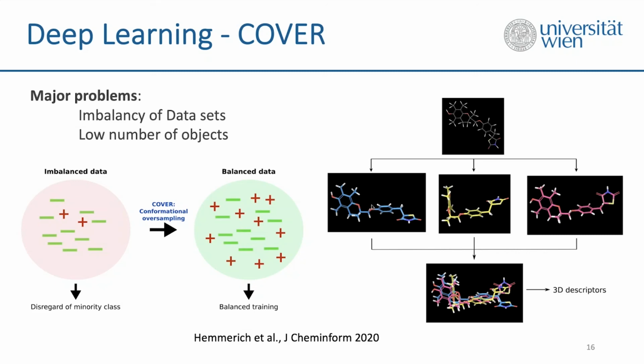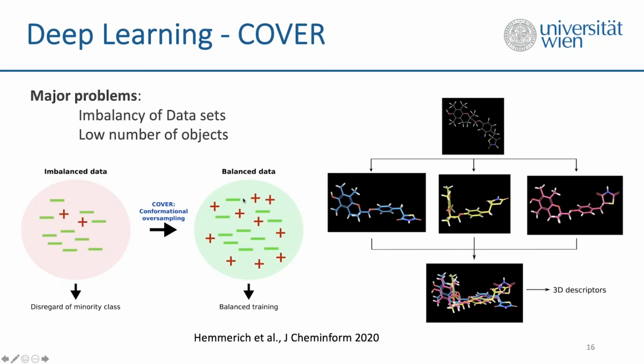They are real instances. We represent one compound in, let's say, 50 different conformations, and use conformation-dependent 3D descriptors as features. In that case, we can increase the size of the data set, plus we can balance it: we just enumerate more conformations from the minority class than from the majority class.